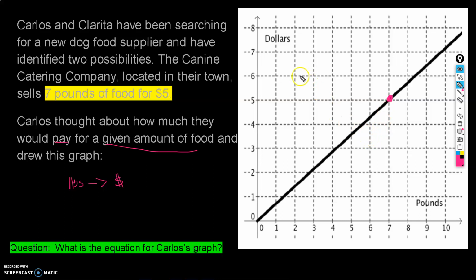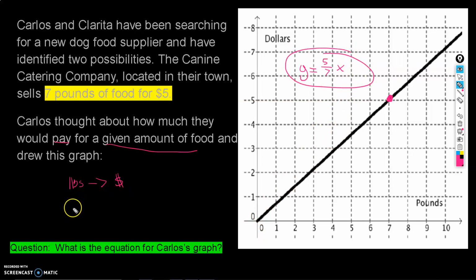So y equals mx plus b. y equals the slope of this, rise over run. From 0, 0, I went up 5, and I went over 7. So 5/7 x plus the y-intercept, which here is 0.